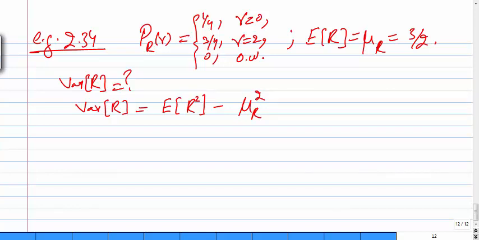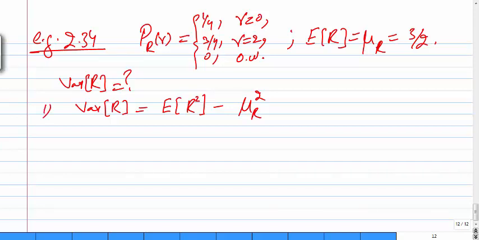This is the way you can calculate the variance. There are different ways of calculating this variance. This is one method.